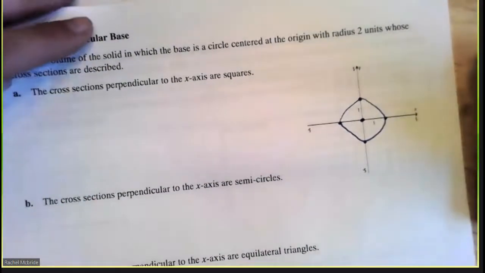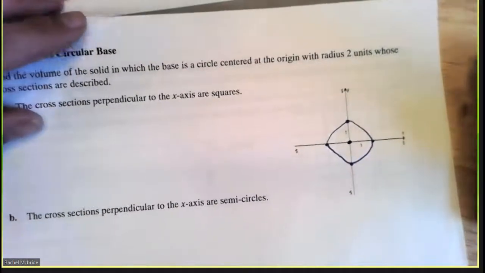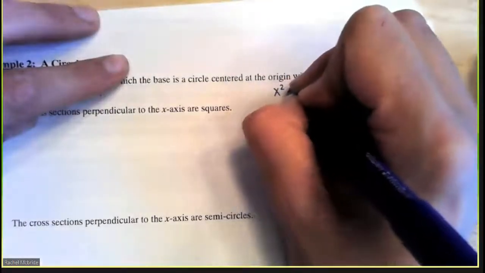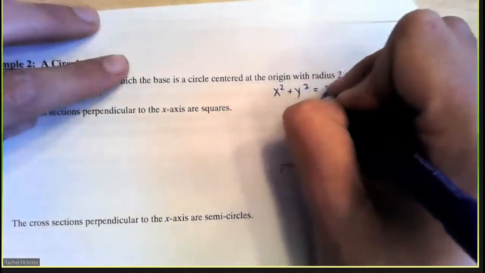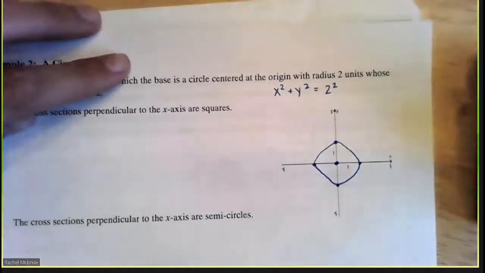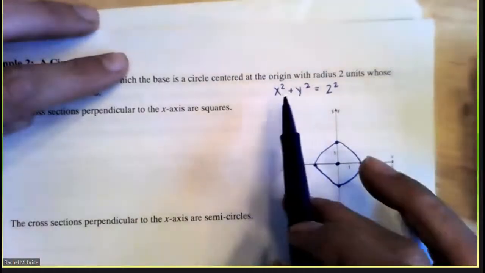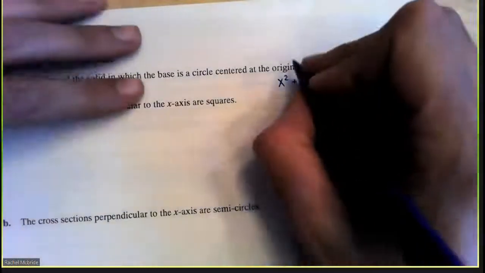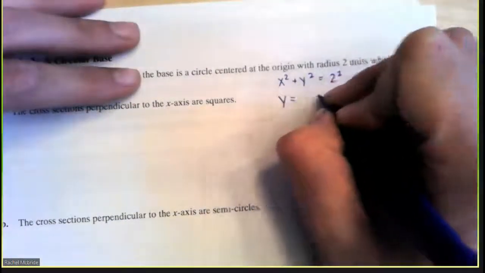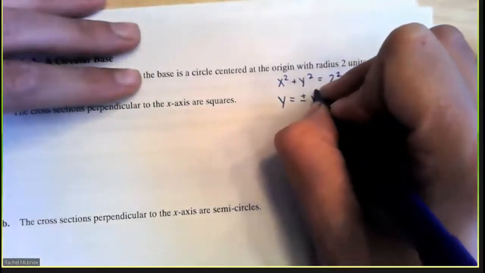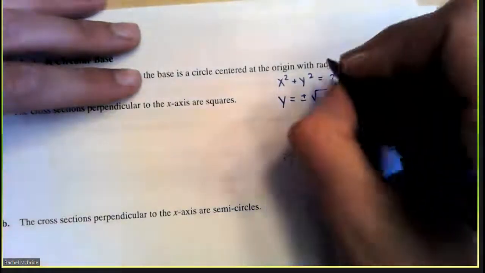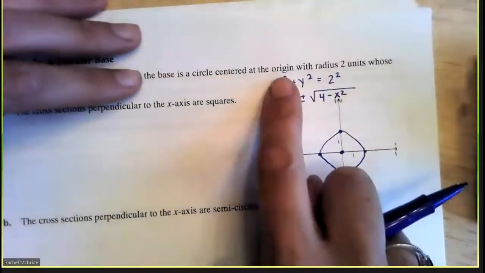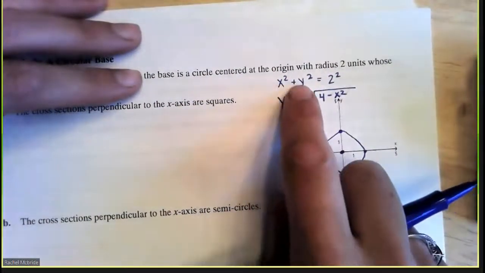If you think about the equation of a circle in general, it's x squared plus y squared equals r squared. So if my radius is 2, then my equation is x squared plus y squared equals 4. We're going to rewrite that so it's y equals plus or minus the square root of 4 minus x squared, because you subtract over your x squared and then take the square root.